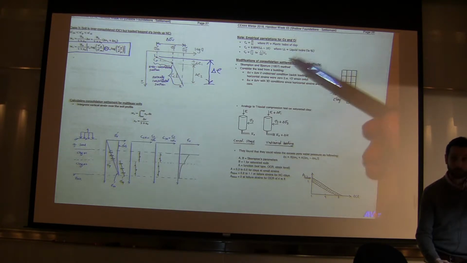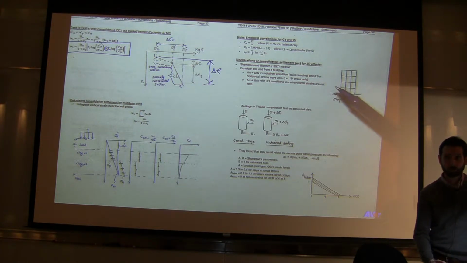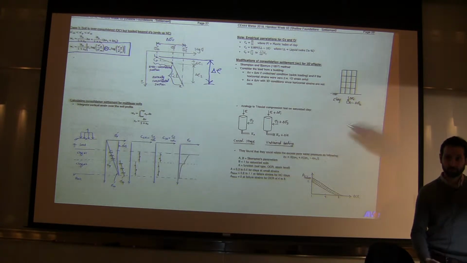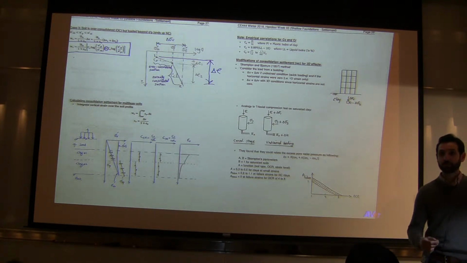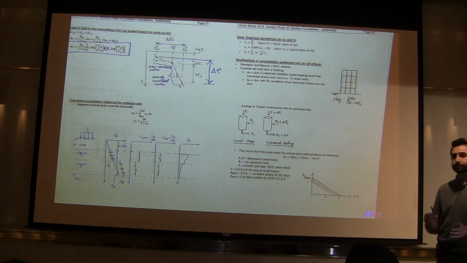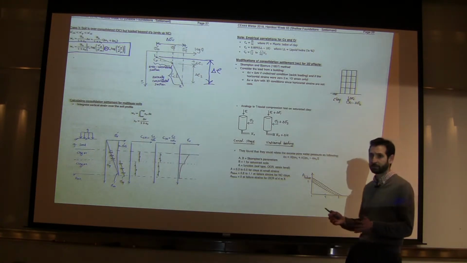But there are some empirical correlations too that you can use to get an initial estimate of what these values are. And it's always good to start with these empirical equations and see the magnitude of settlements that you get.